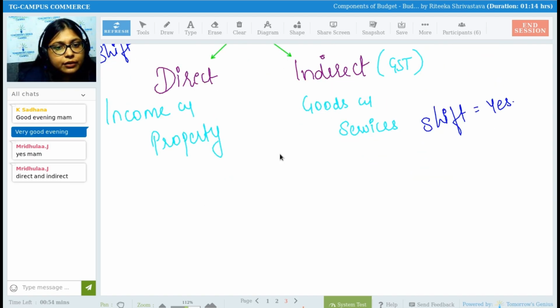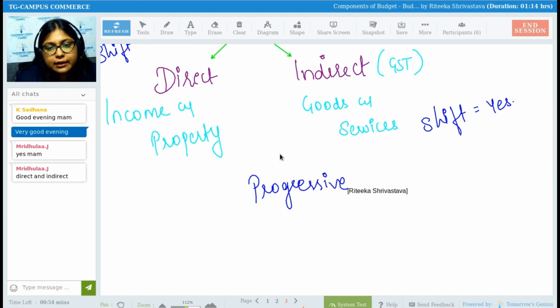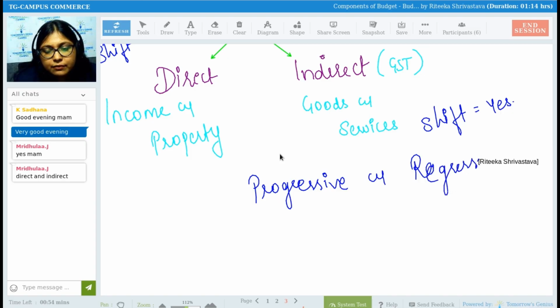Then we said that tax has the nature of progressive and regressive. What do we mean by the terms progressive and regressive? Yes, can anybody tell me what we mean by the terms progressive and regressive?